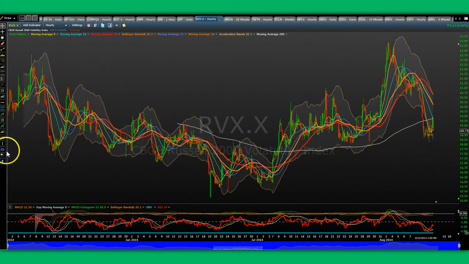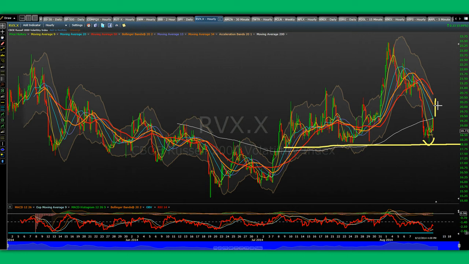The other scenario is that, get the drawing tool again, we base here, because there's a support level, and this comes down a little bit more, and then it moves up and tries to test these downward sloping 50 and 34 moving average lines around the 20 level. So short term we have a slight pullback. Maybe that's what the Wednesday pullback is, for all I know.